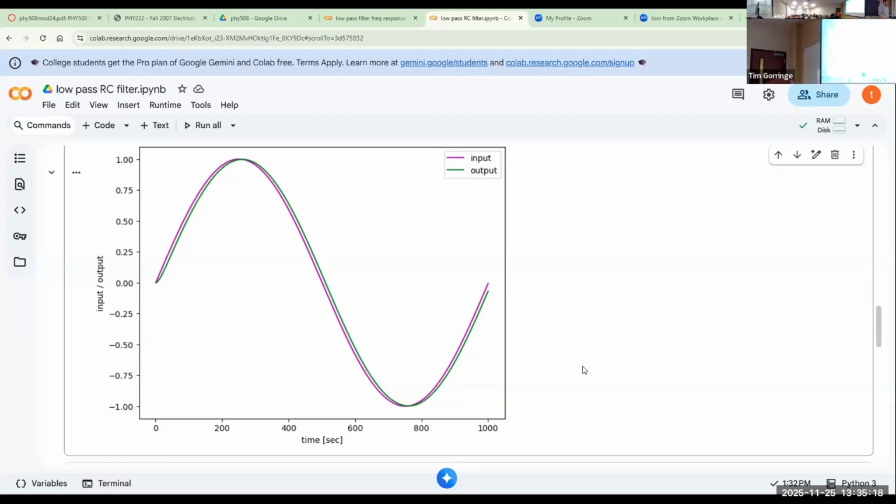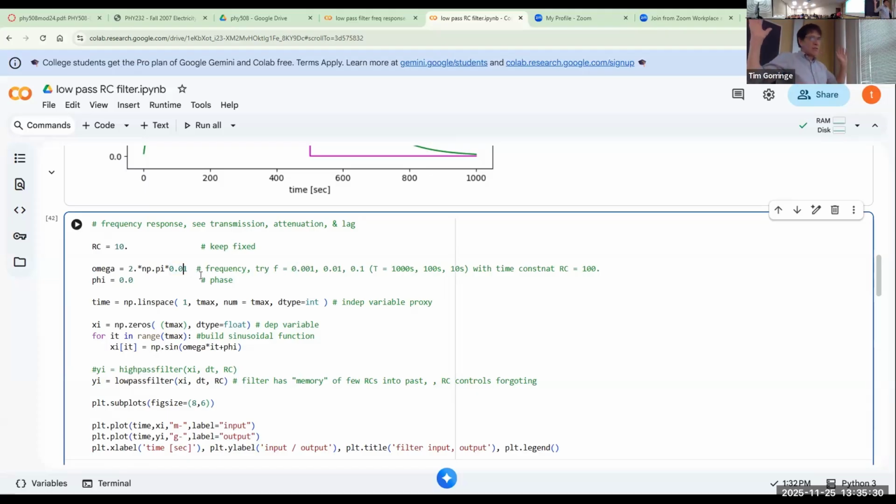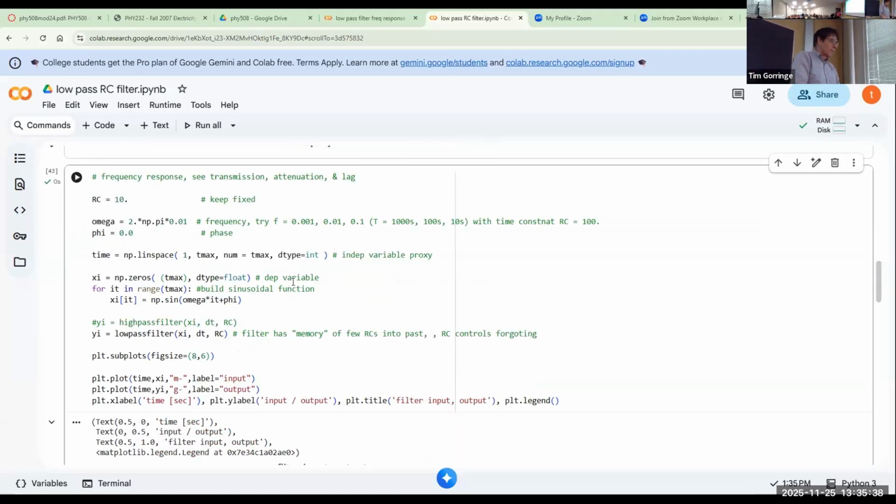If we were to increase the frequency, I'm going to start walking towards that critical frequency, or that time constant. That is this boundary between the world of passing this frequency through the filter or extinguishing this frequency with the filter.